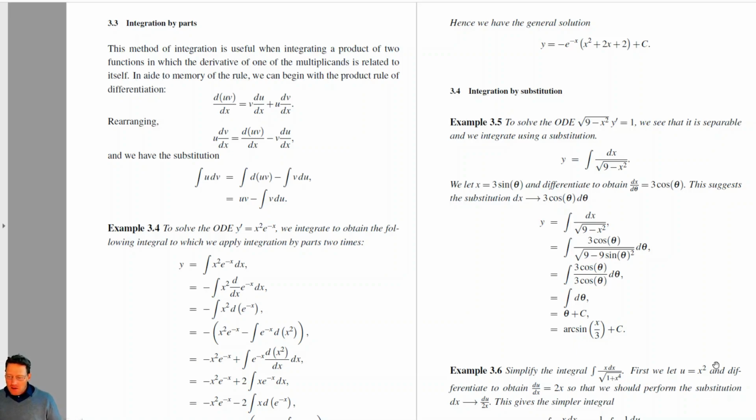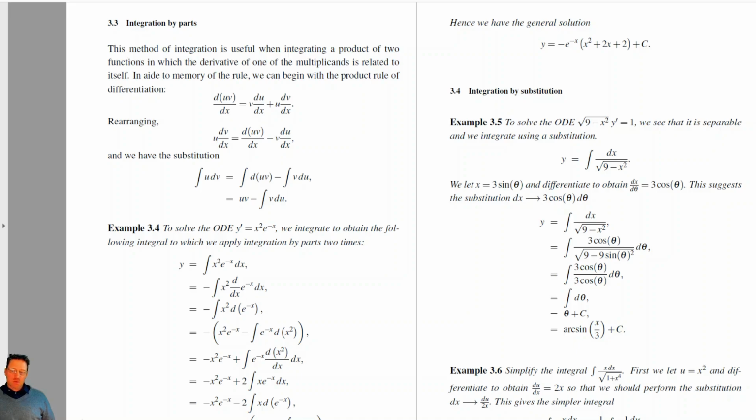Let's see. Okay, so first we let u be equal to x squared. Okay, simple enough. Differentiate, we get 2x. So that tells us to perform the substitution replacing dx with du on 2x. So that gives us the integral 1/2 1 over square root of 1 plus u squared du.